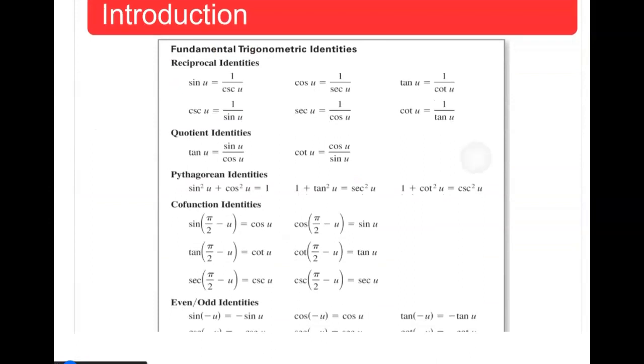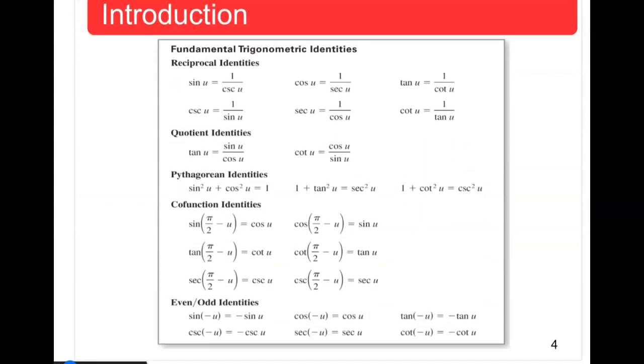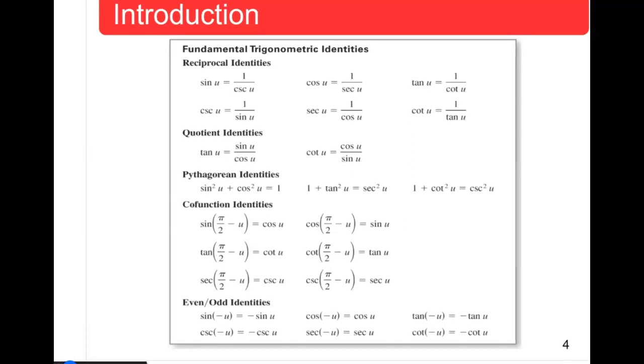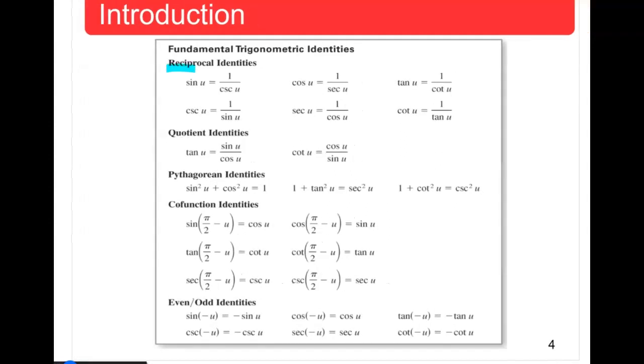So we have here the fundamental trigonometric identities. You might recognize them. So we have the reciprocal identities, and that will be sine and cosecant. They're reciprocals of each other. Also cosine and secant, and also tangent and cotangent. Those three are reciprocal. Then we have the two quotient identities.